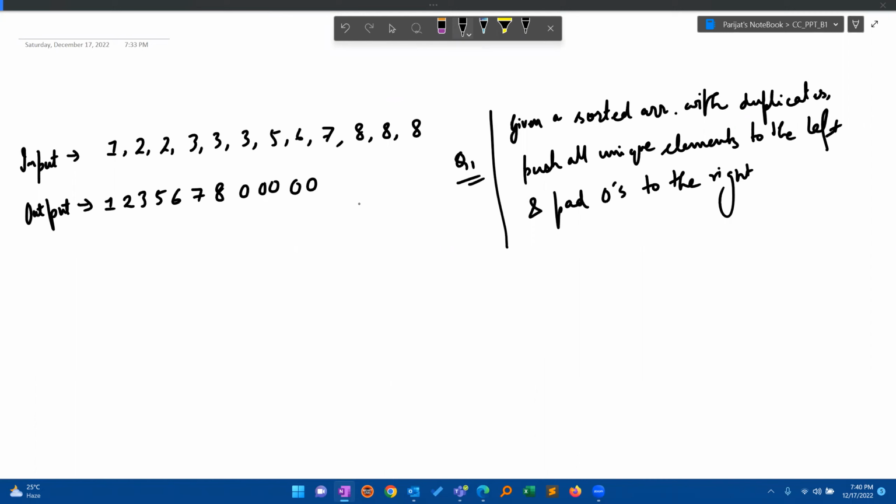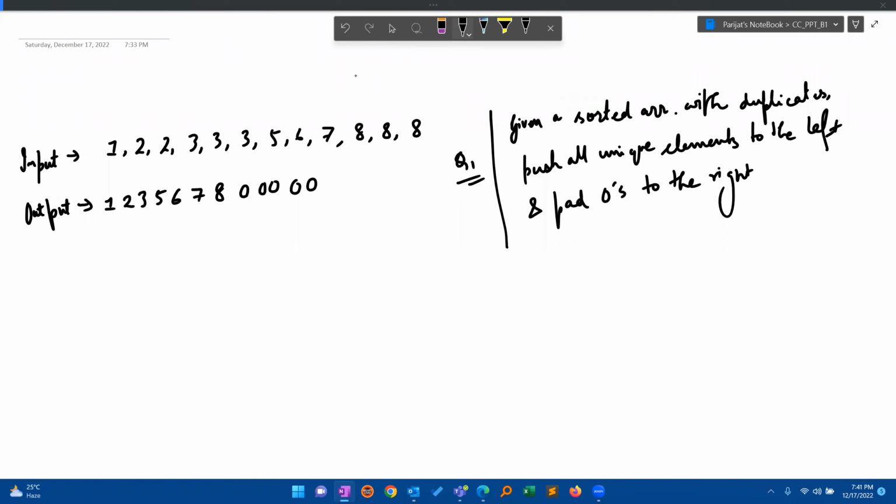Sir, we could first have 2 pointers at the beginning of the array. As we know, the array is sorted, so we could traverse one pointer, and when we see an element greater than the last maximum we have seen, we would increment the second pointer by one position and make that element equal to it.